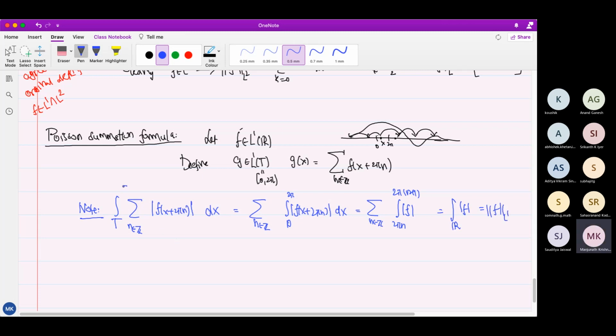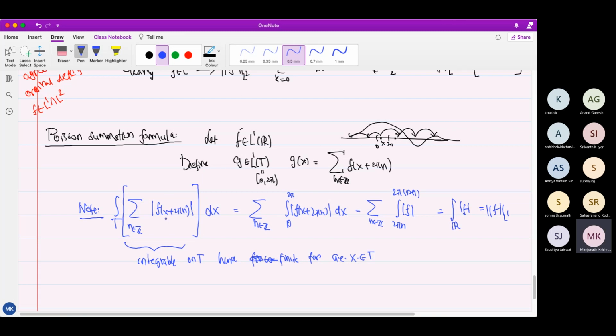What this says is that this function is integrable. So this is integrable on the torus. Hence, finite for almost every x in the torus. Right?